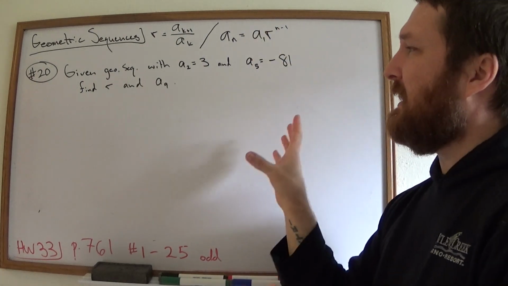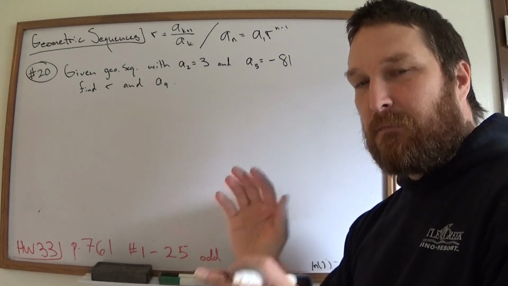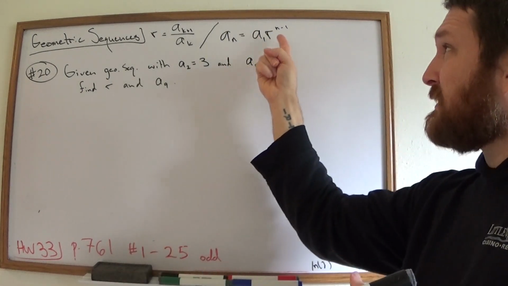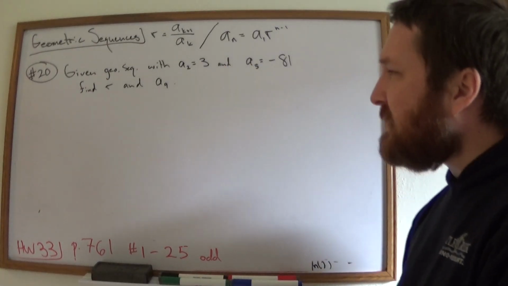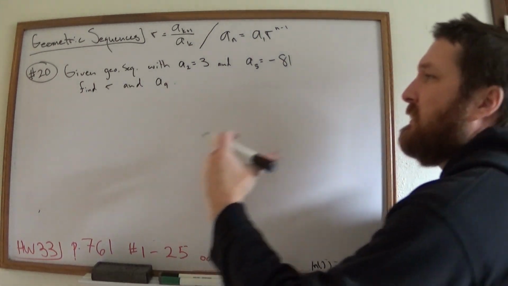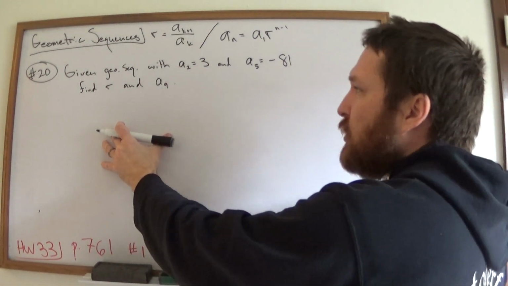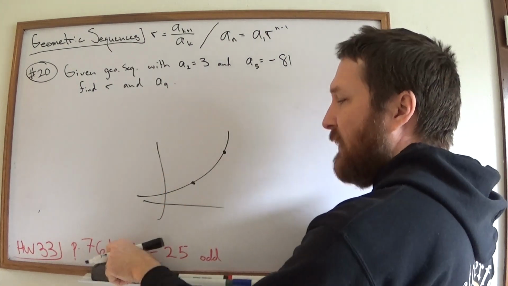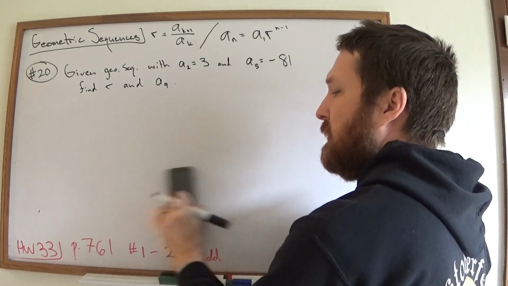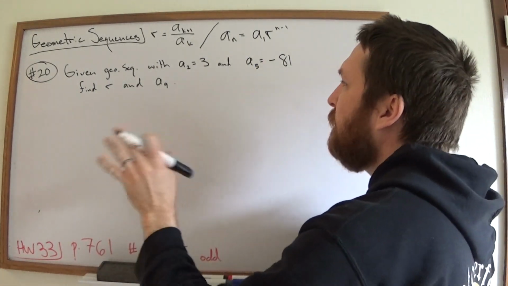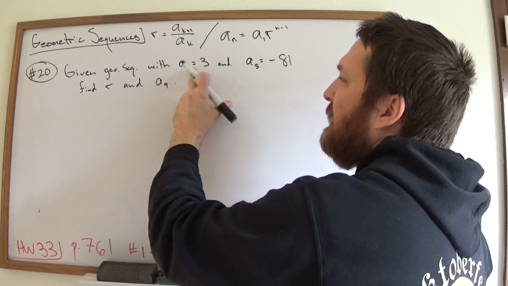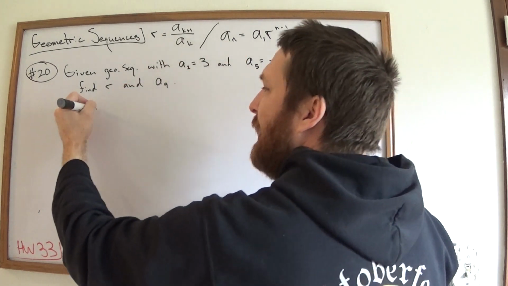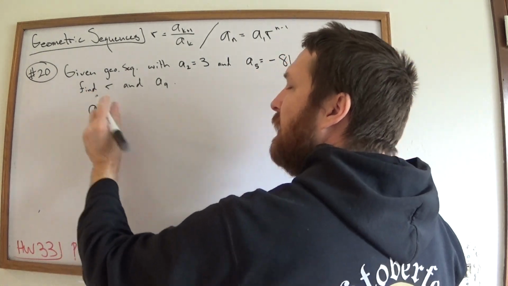And since this is very similar to, or you could even think of it as a special case of, an exponential function, we're going to use the same method we would use if you're given 2 points on an exponential function to find the actual formula for the function.